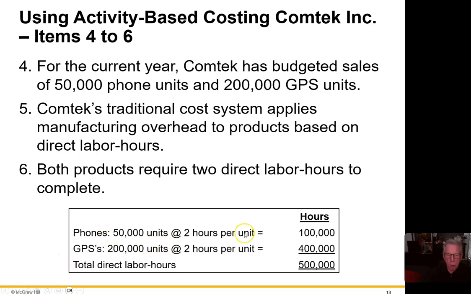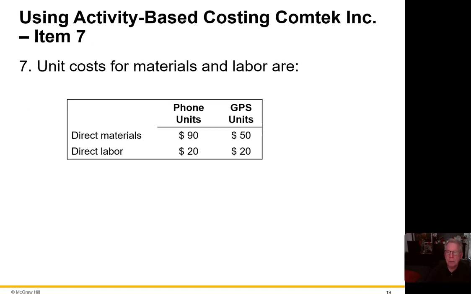So if we walk that through, the number of hours, 50,000 units times 2 hours per unit, is 100,000 hours, and 200,000 GPS units at 2 hours per unit, or 400,000. That gives me 500,000 direct labor hours total, which we use to estimate.